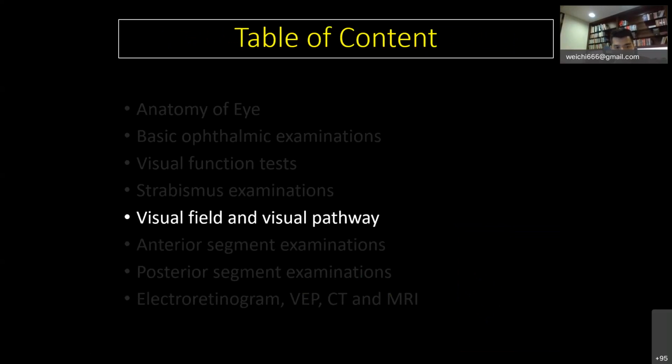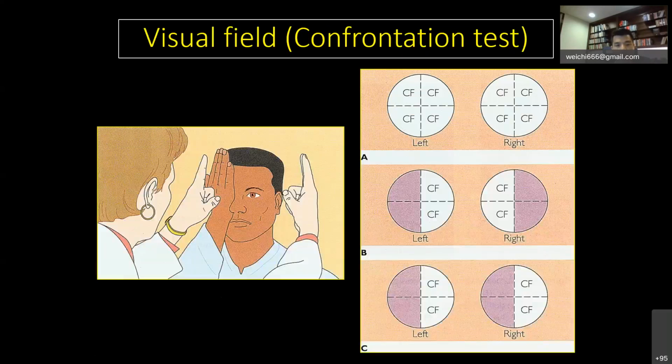Then let's move on to the visual field and visual pathway test. So there's a simple visual field test. It's called the confrontation test. You could perform it for the patient.